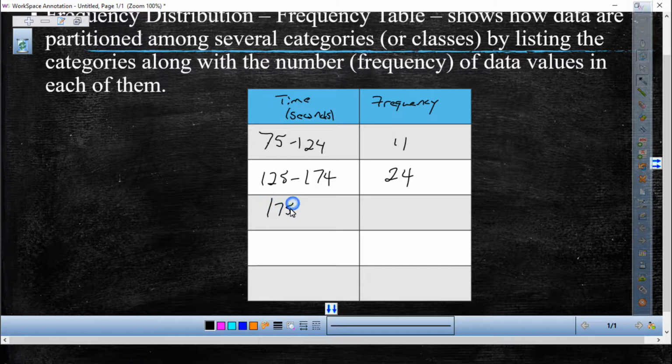And then 175 through 224, and we'll put 10 in there. Then 225 through 274, and 3 there, and then 275 through 324, and we'll say 2 there. So this is what a frequency table may look like, something along this line, and you've seen them, I'm sure.